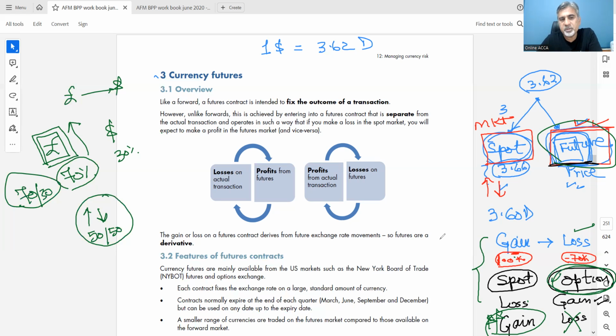But when I'm in a situation where I can fairly predict, I cannot 100% make a commitment, but I can fairly predict that my local currency is going to go up or down, then I go for a futures contract. Anyway, and of course, if I just want to avoid any gains and losses in future, then I go for a forward contract.